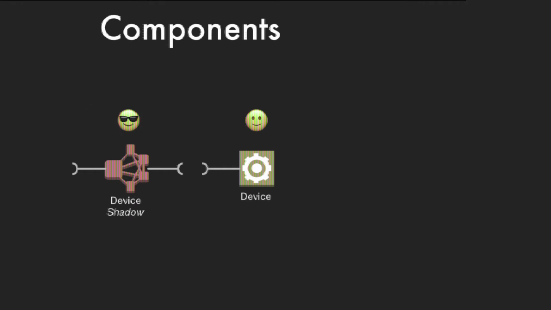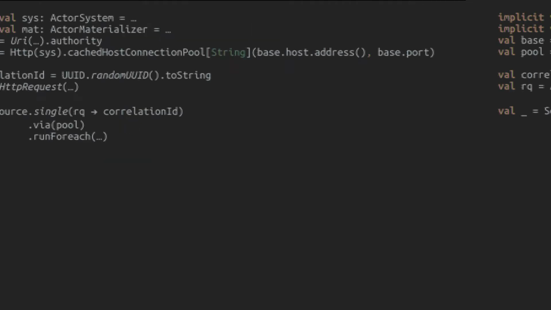And because it's a reactive component, we say, you know what, we're going to be non-blocking, we're going to have back pressure, we're going to have all those things. We're going to do Akka HTTP, right? The device talks HTTP, and so our component is going to talk over HTTP to it. And so we're going to create this Akka HTTP flow, which gives us asynchronous execution, gives us non-blocking back pressure.